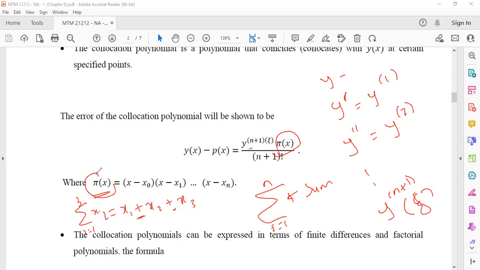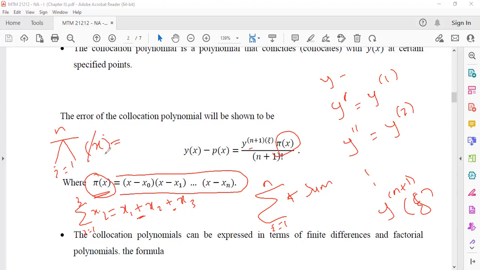Likewise, this pi of x, with i equals 1 up to n, means multiplication. It's x1 times x2 times x3 times up to x4, like a multiplication. So this pi we use for multiplication, like summation for addition.